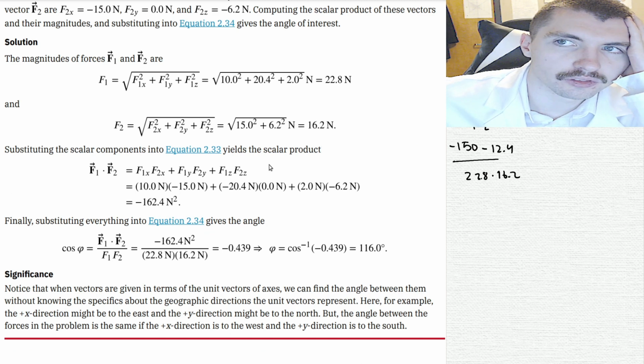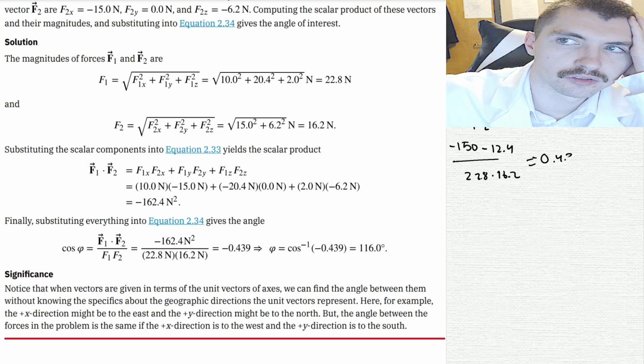So negative 162.4 over 128 equals, okay. Phi equals cosine inverse of negative 1.